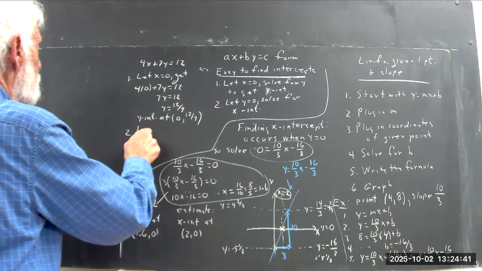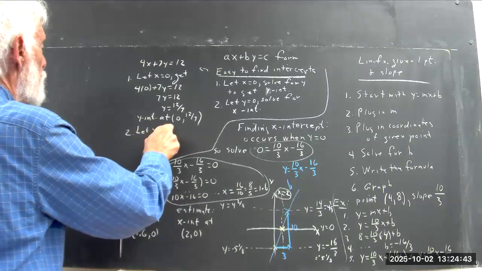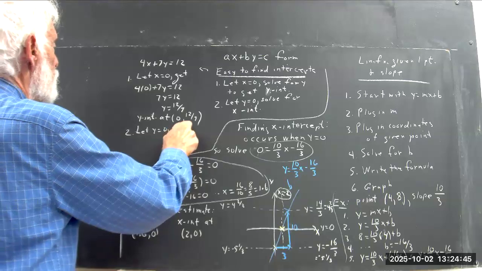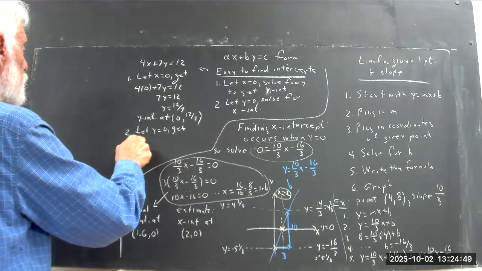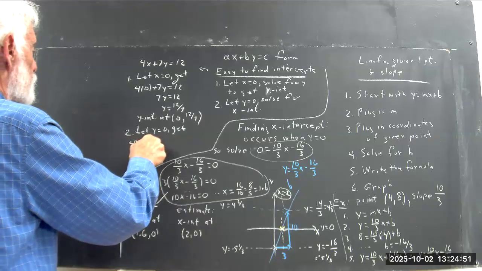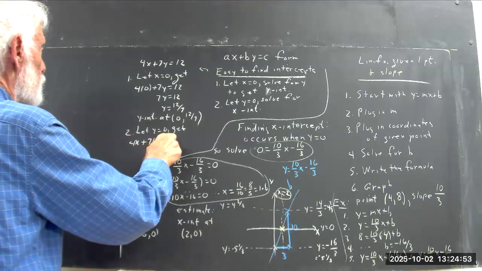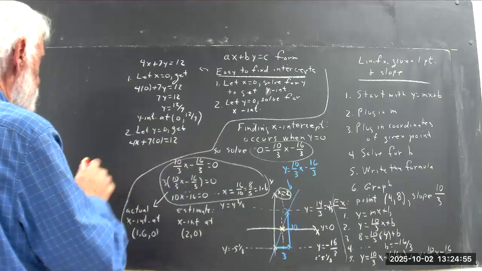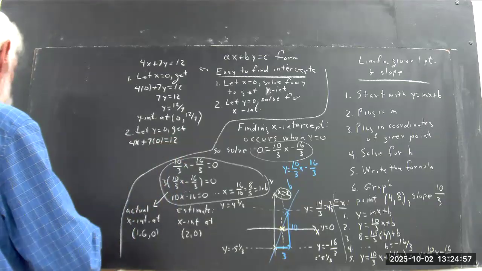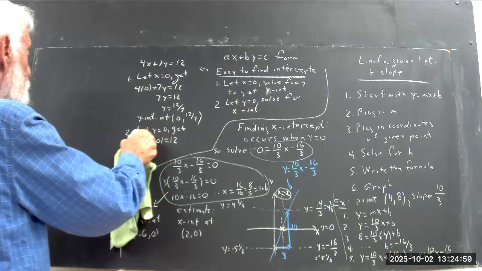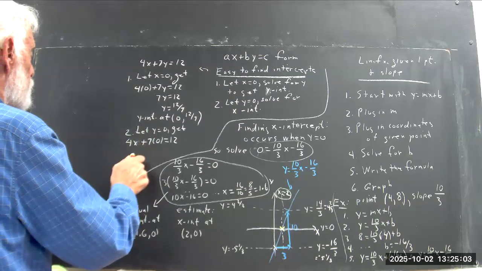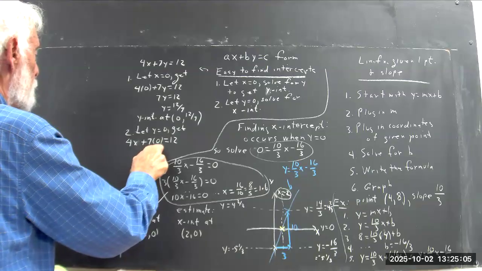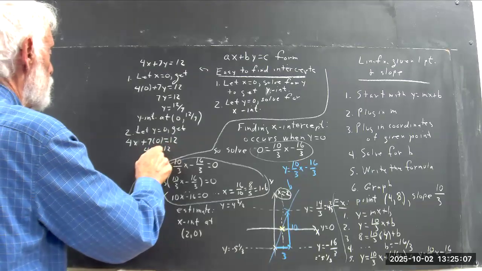Now, let y equals 0, you get 4x plus 7 times 0 equals 12. So 4x equals 12.